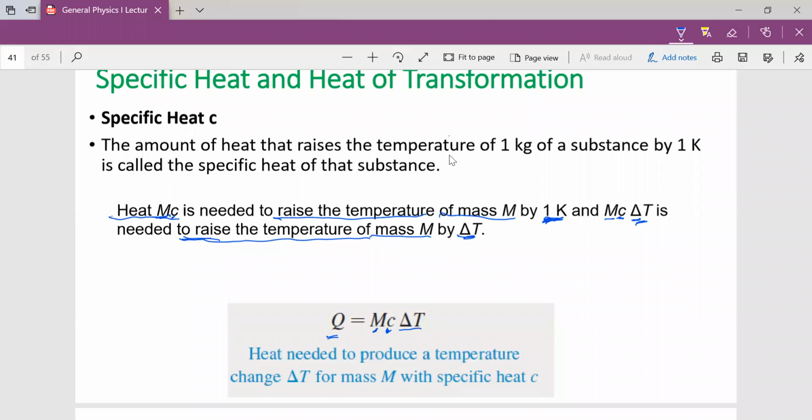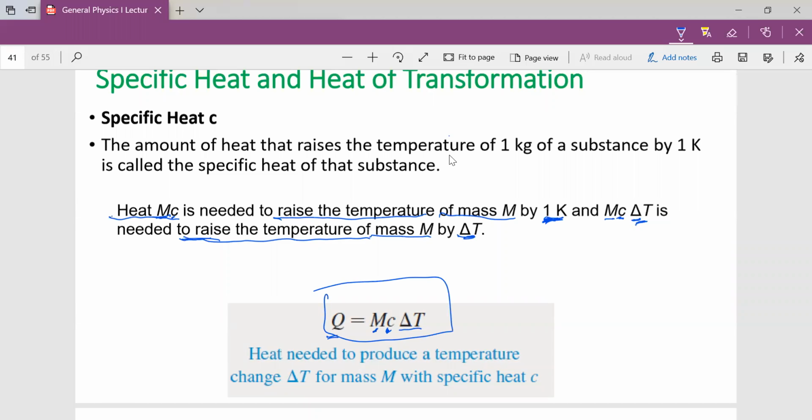So the heat needed to produce a temperature change for mass M with the specific heat C is given by Q equals MC change in T. Okay, so that's how we calculate the heat needed to change the temperature of an object using this equation.